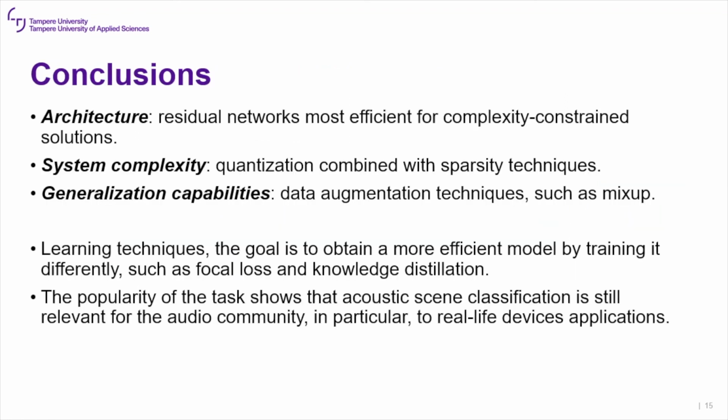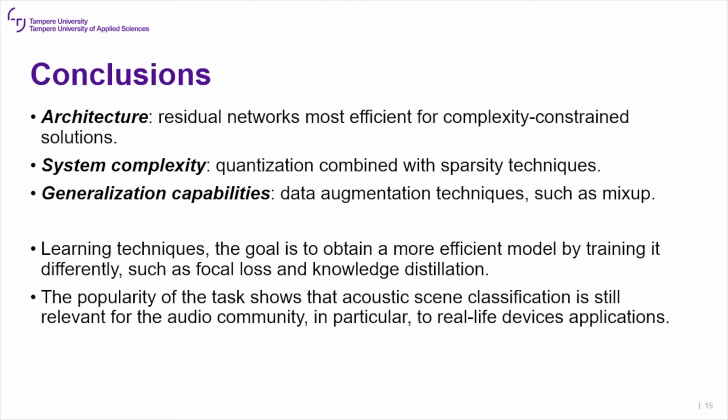This work studied the results for the DCASE 2021 challenge, task 1A, low complexity acoustic scene classification with multiple devices. The task combines the need for robustness and generalization to multiple devices of such systems with the requirement of a low complexity solution.